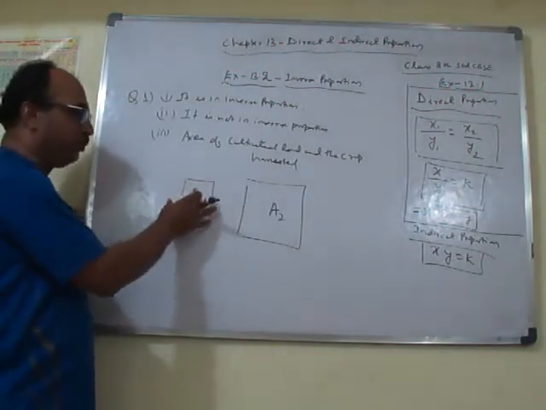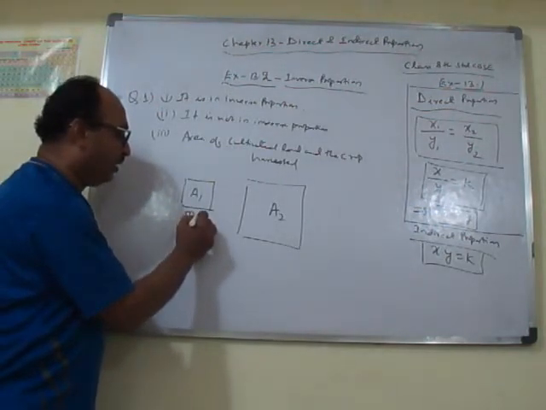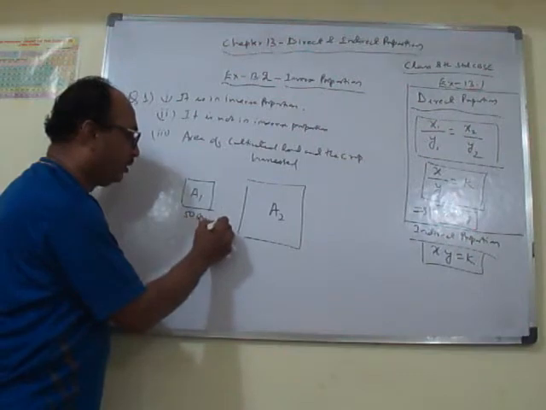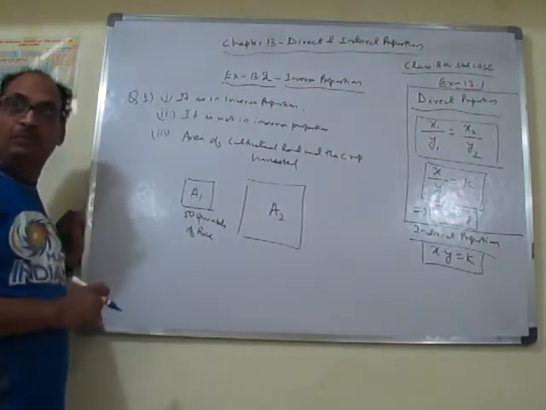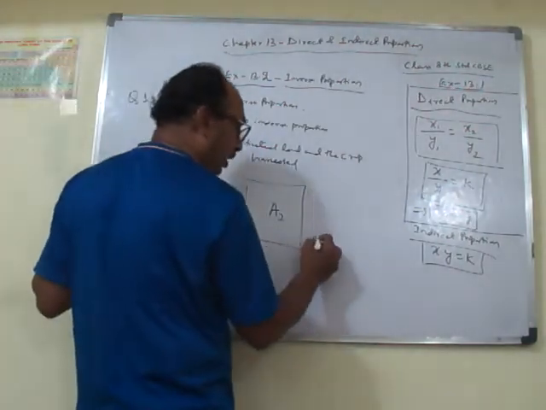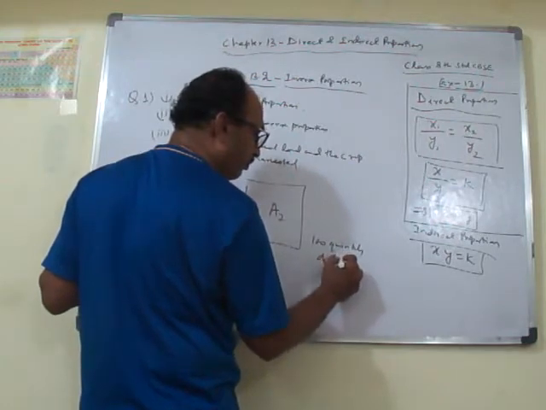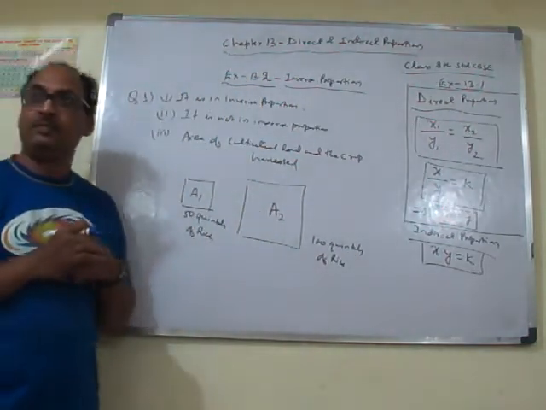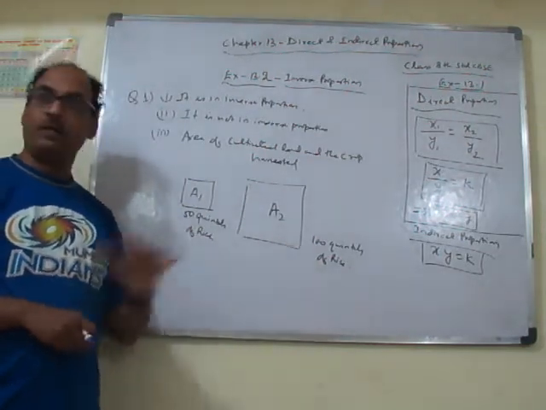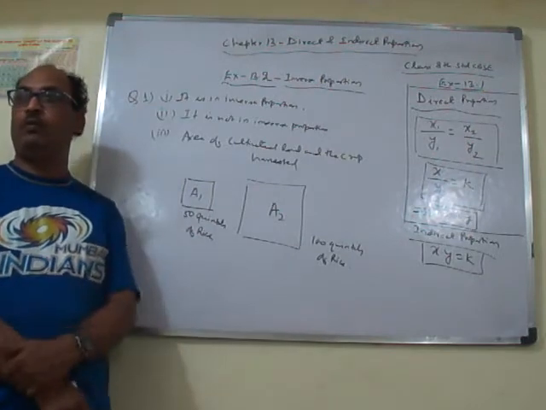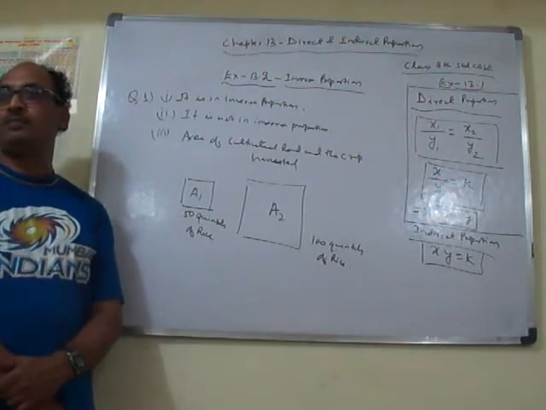You have planted some crop here, and from here you are getting some 50 quintals. So what we have seen is, if area is more, crop harvested also will be more. If area is less, crop harvested also will be less.